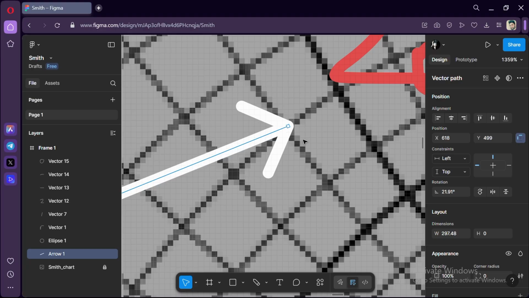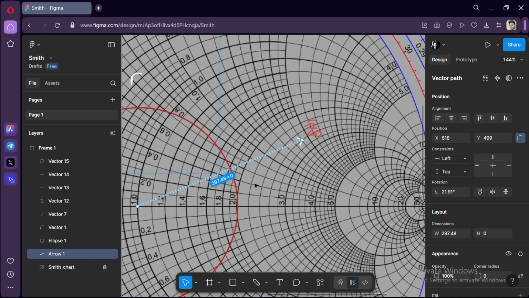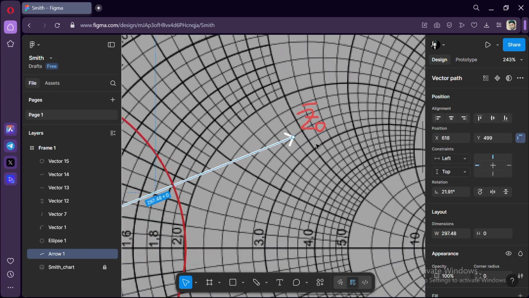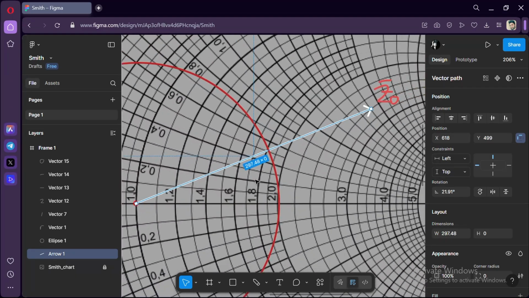Okay, this is our Z output normalized point. Now, what is this? 297 is our radius. What about the diameter?